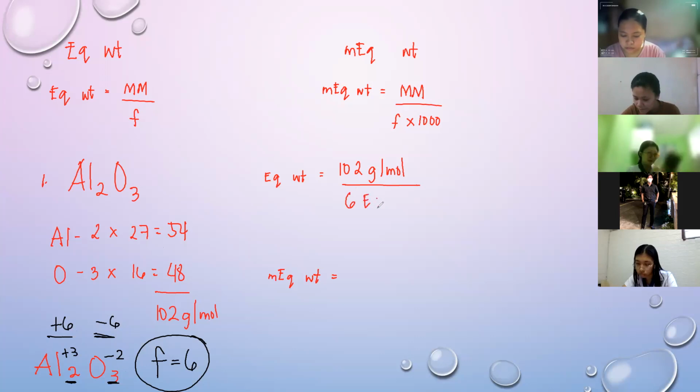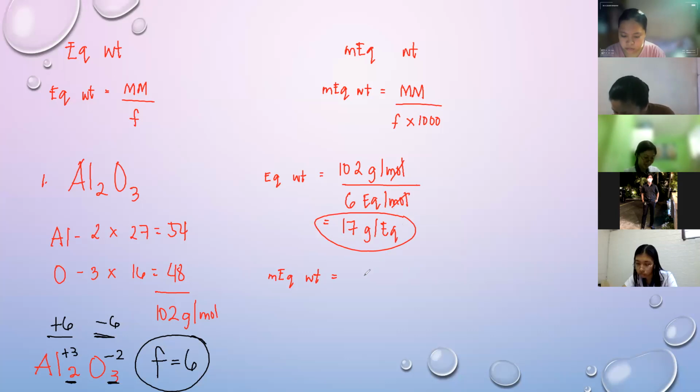Our unit is equivalent per mole. Cancel the mole. 102 divided by 6 is 17. So the correct answer here is 17 grams per equivalent. Ganon din sa milli equivalent weight. 102 grams per mole. This time, 6 times 1,000. And then this is MEQ per mole.